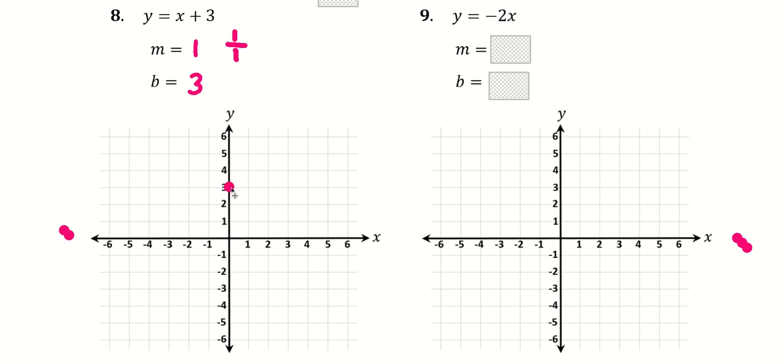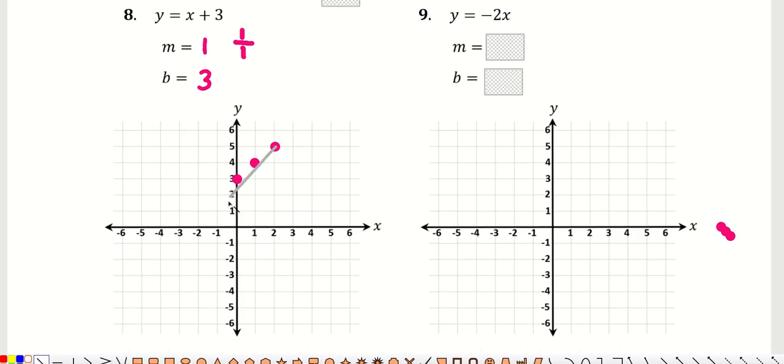So we begin with b on the y-axis, because it's the y-intercept, and then a slope of 1 just means up 1, right 1, and we could put way more points. Make it nice. Good enough.